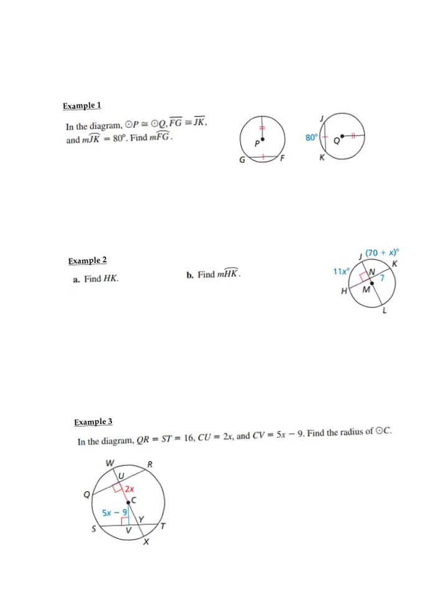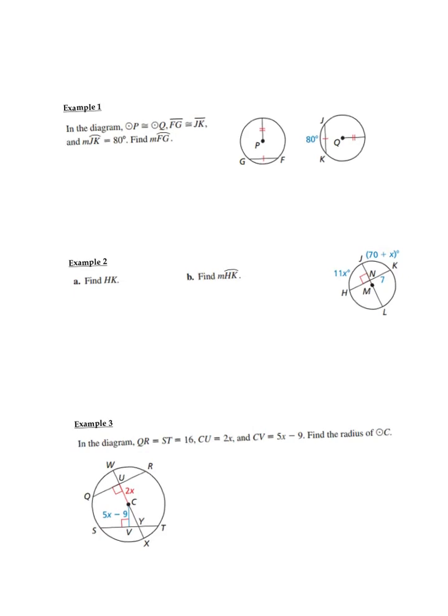All right, so we know that these two circles are congruent, and we know that both chords are congruent, so that means that the corresponding arcs of each of the chords have to also be congruent.